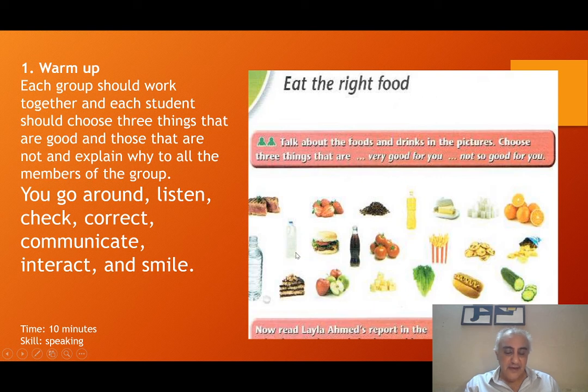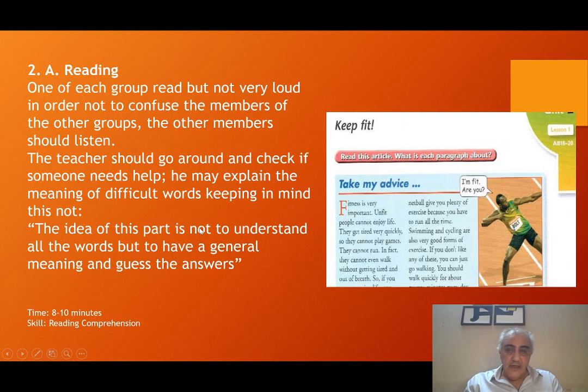But try to give them the English words. If you listen while they are talking and they use some Arabic words, you just give them the correct English word, okay?